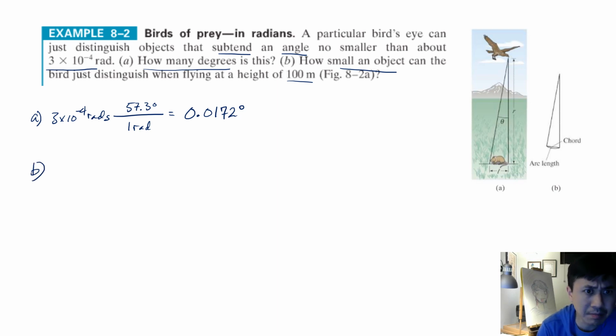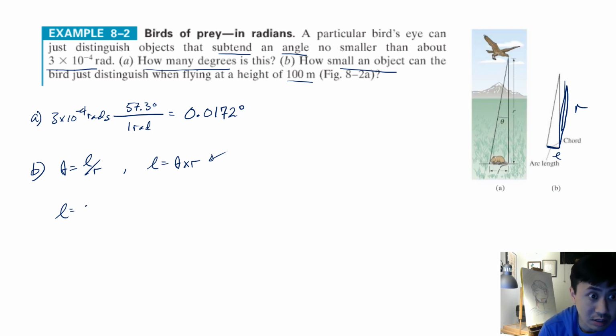And then B, how small can this object be when the height is 100 meters? If you look at the diagram, the height is basically our R, and the actual length of the little arc becomes our L. We know that theta is equal to L over R, and that L is equal to theta times R. So L is equal to our theta, 3 times 10 to the negative 4 rads.